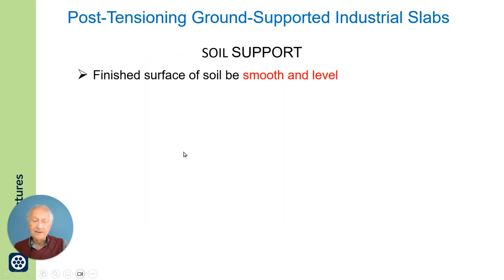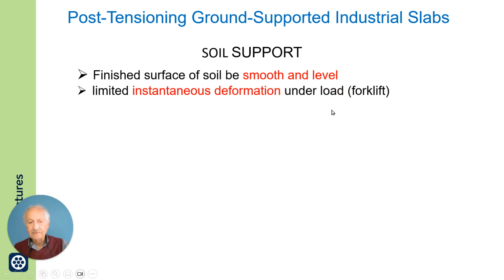Now, let us concentrate a second on the soil support. The finished surface obviously has to be smooth and level. It must have limited instantaneous deformation under concentrated load of forklift. Stiffness, it has to have enough stiffness there.